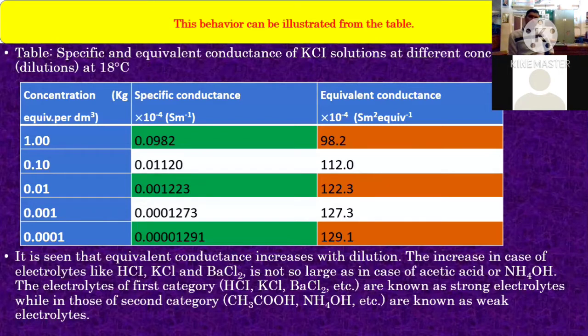Here, as concentration changes, what is the effect on specific conductance and what is the effect on equivalent conductance? Here, you see in the first row, concentration is 1, specific conductance is 0.982 into 10 raised to power minus 4 Siemens meter inverse, and equivalent conductance is 98.2.